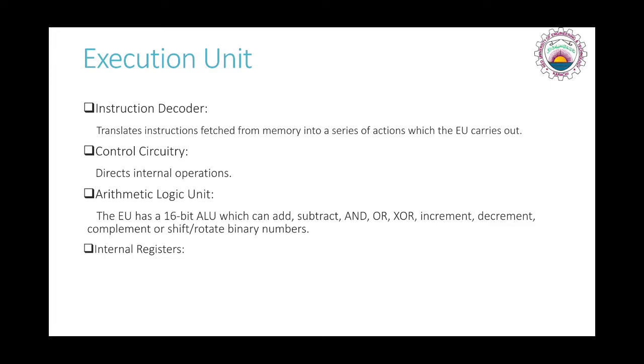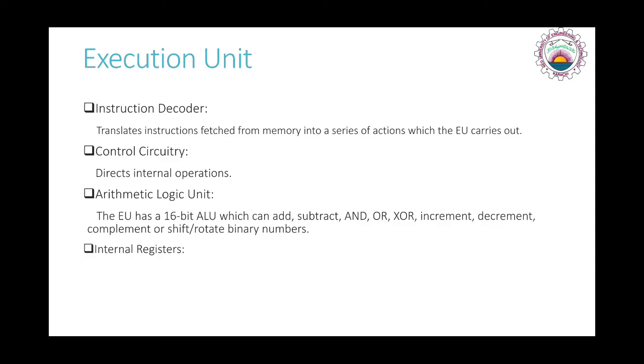Or otherwise, if you are having an add instruction, then some other control signals will be involved. You will be using ALU, and you will be using temporary registers during the add operation, and the result of the add operation will be stored somewhere. So you will be having some control signals for storing that result to the destination. So there will be control circuitry within execution unit.